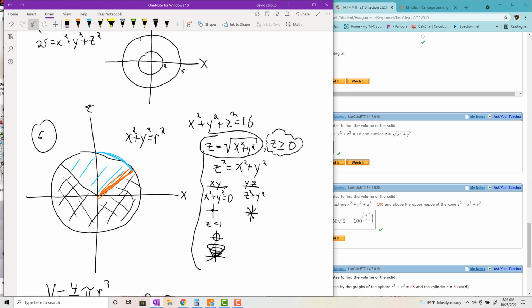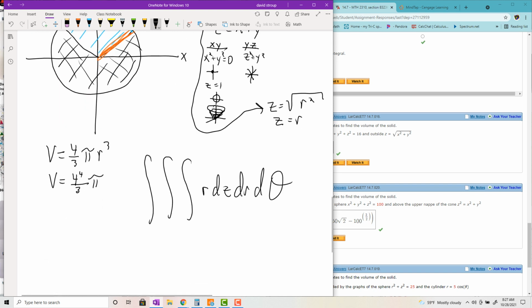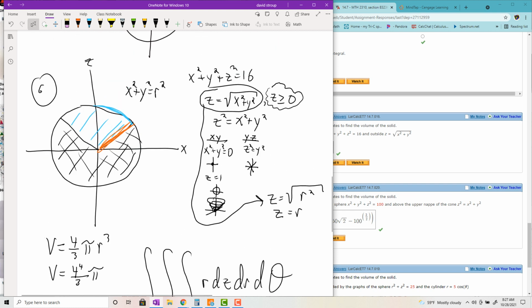Converting that into terms of r and theta, z would be the square root of r squared. In other words, z is just equal to r. r is always assumed to be positive. So I'm going from the cone, and in cylindrical coordinates, that's just z equals r.